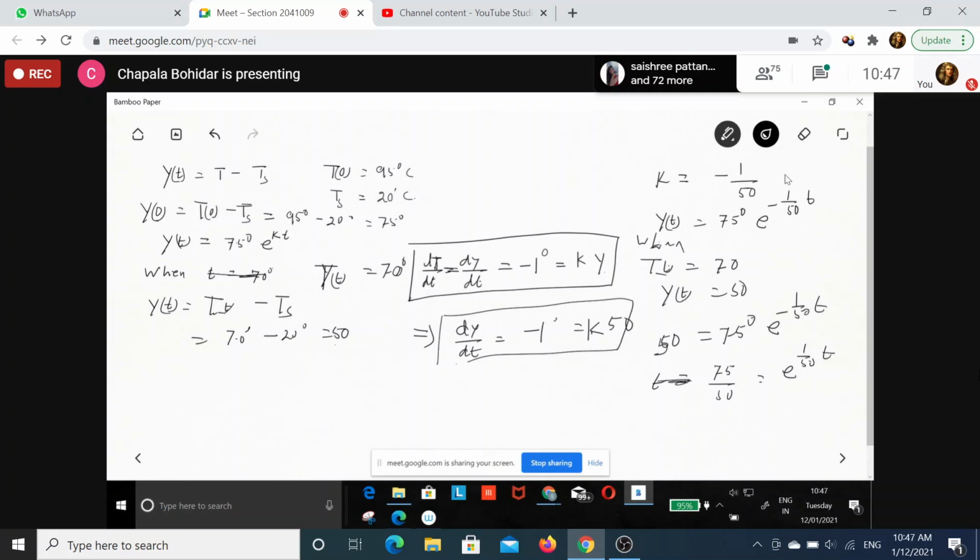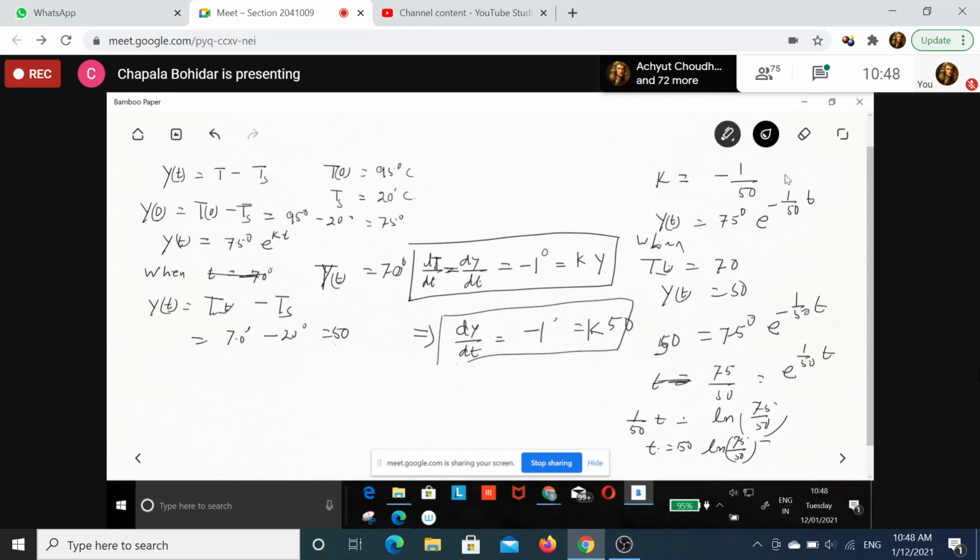So 1 by 50 t is equal to ln 75 by 50. So t is equal to 50 ln 75 by 50.